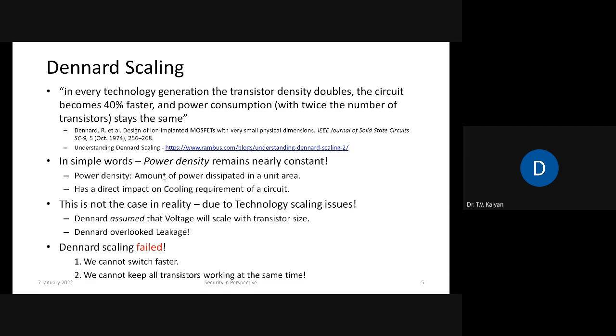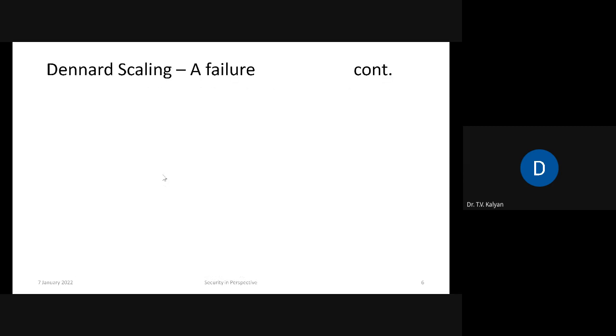The other implication is, even though we have billions of transistors on the chip, we cannot switch on all of them or work with all of them at the same time, because the amount of power, either the dynamic or static power that they are going to consume or dissipate, will be too much. Then our cooling equipment will not be able to handle it, resulting in the burning of the chip itself. Right? This is popularly called the power wall.